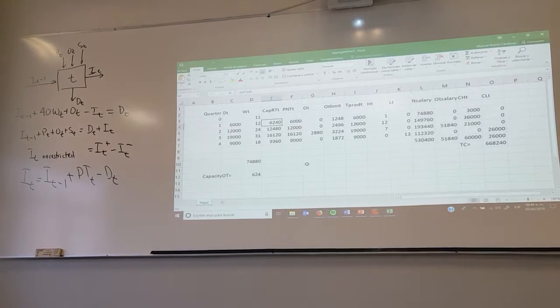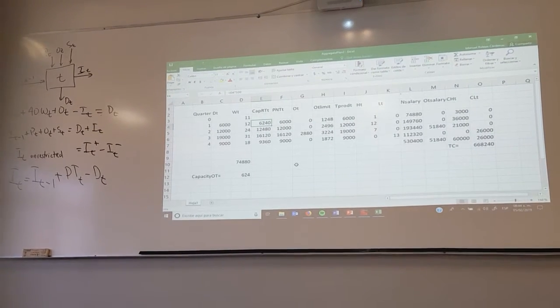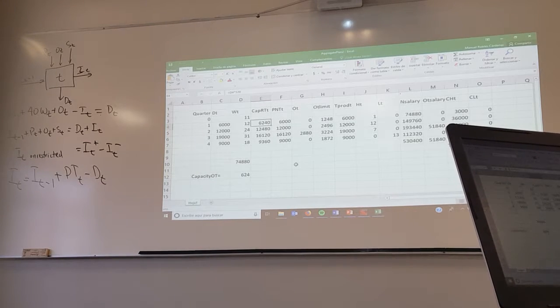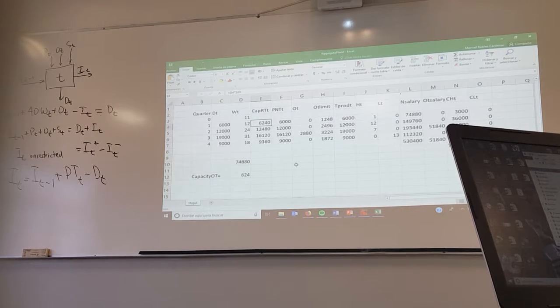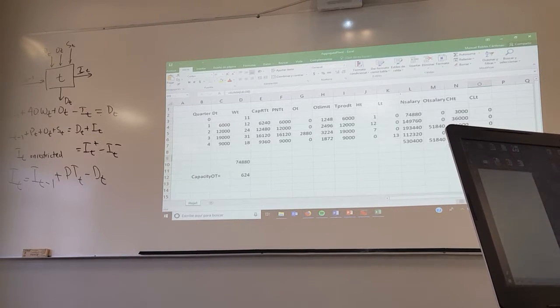So we are going to use Windows to solve it, and we are going to find a better solution than this one. Then we are going to come back to Excel and see where we find the error, and then we modify it.